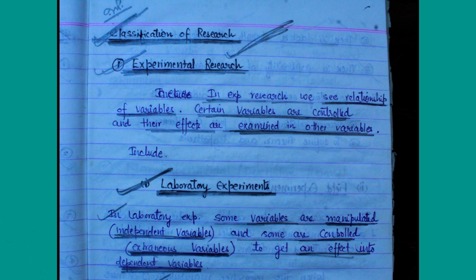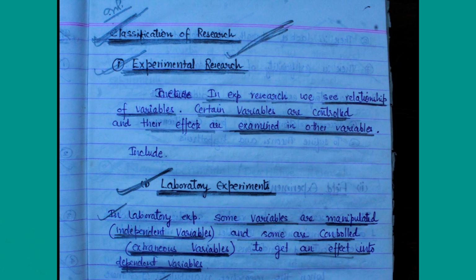In a laboratory experiment, some variables are manipulated, the variables where you are changing the intensity or quantity, sorry, not controlling but changing the amount of those variables. These manipulated variables are known as independent variables.